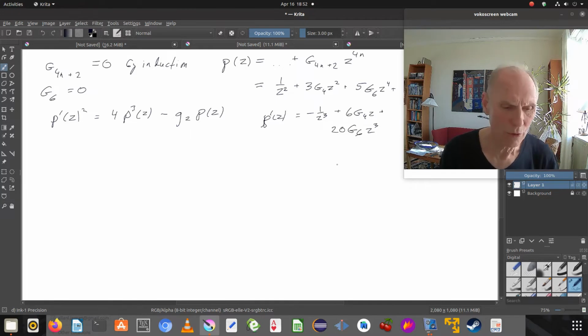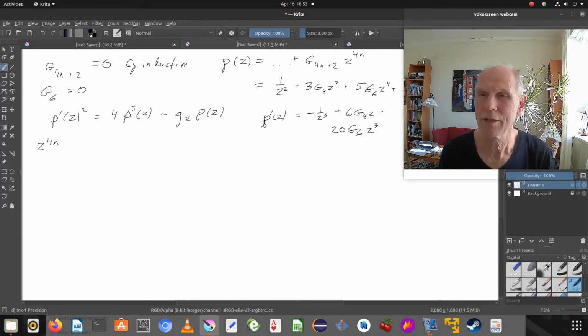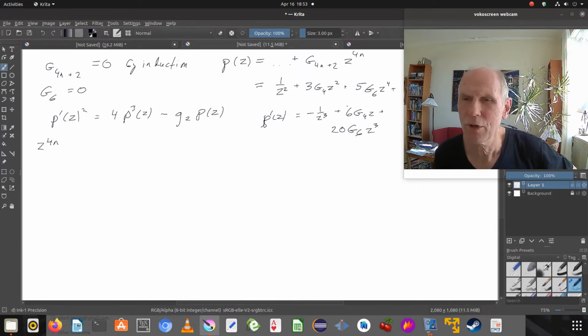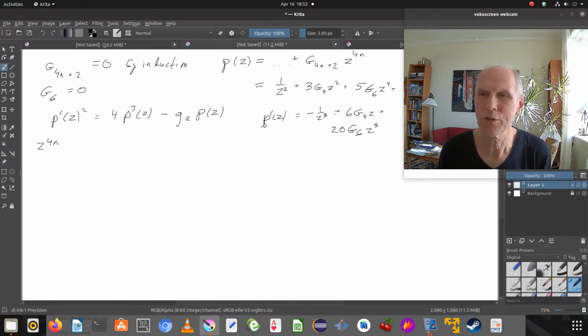So we get all the odd powers. So let's check where we get z set to 4n. They are all odd. So we have to get to, there's of course z to the minus third, and that's the first time it occurs.